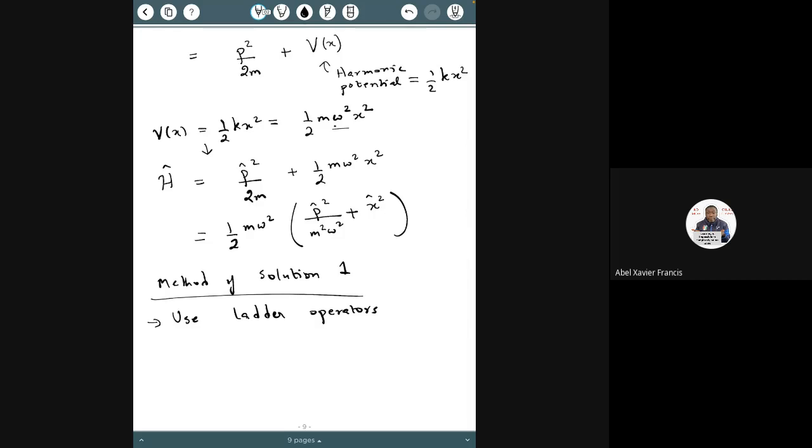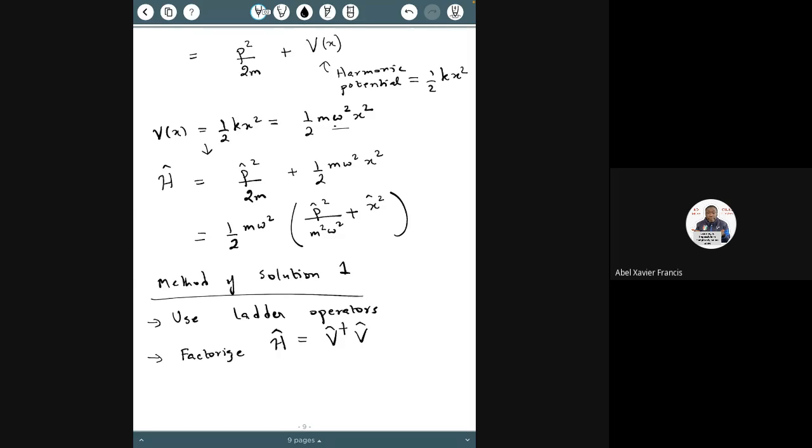Now, the first step will be that we will factorize H as V dagger V. So we will factorize it into a product of the same operator, but in a V dagger V form.